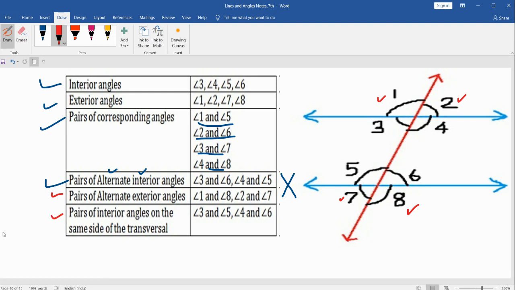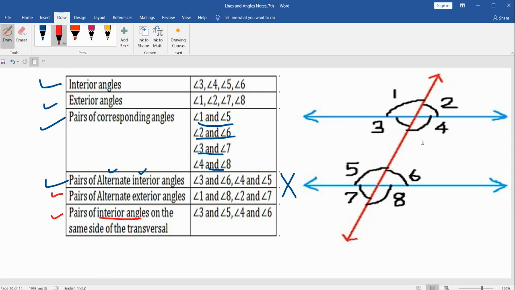Now, let's go ahead and see this one: pairs of interior angles on the same side of the transversal. First of all, we are talking about interior angles. Let me erase this. Pairs of interior angles means we are talking about these interior angles 3, 4, 5, 6.